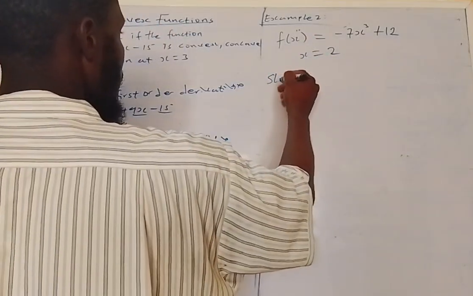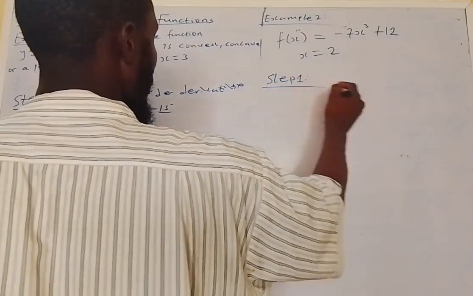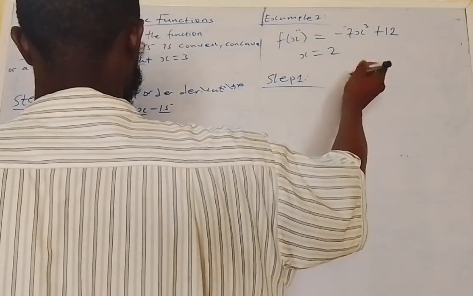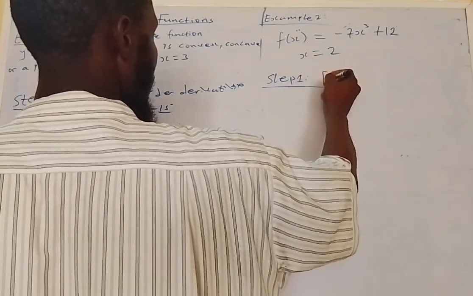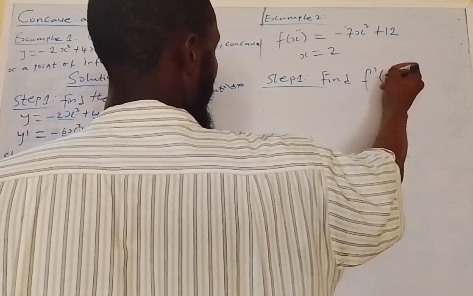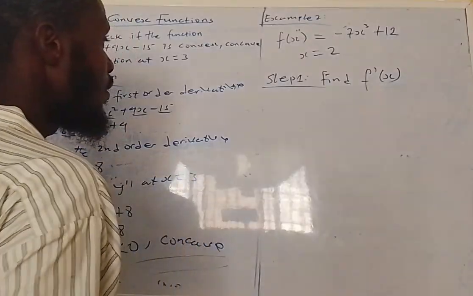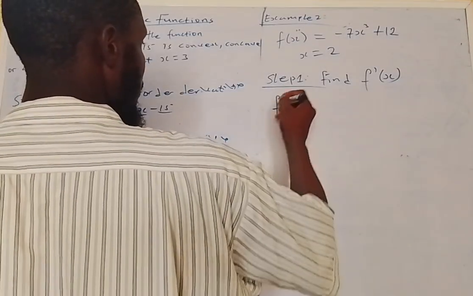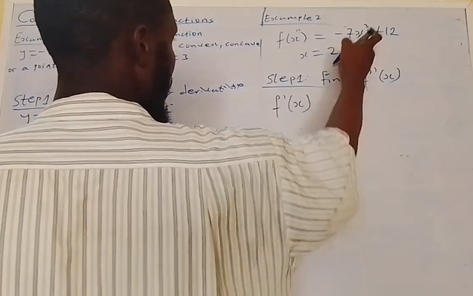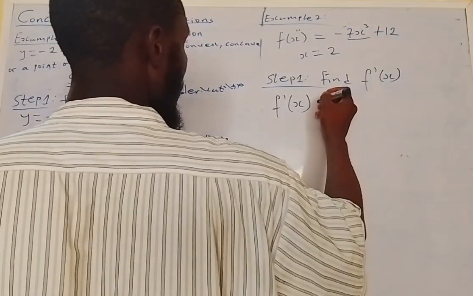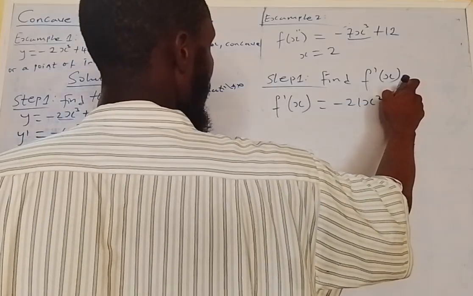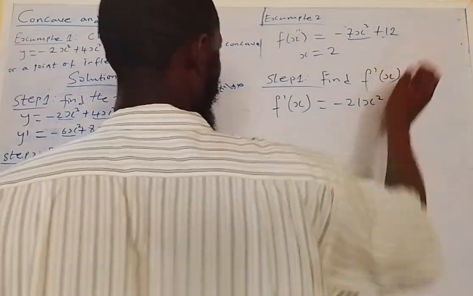So we follow the steps. Step 1: find the first order derivative, f prime of x. If you differentiate this, we have minus 21x squared, then plus 0 because it is a constant and goes away.